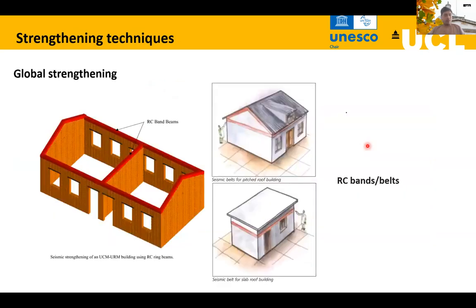Again, on the global strengthening side, the horizontal bands, the seismic ties or belts, as known in some regions. So these are also very effective in binding all the walls together and imparting ductility to the structure. While these are horizontal structures, they do not really contribute to any vertical lateral strength.